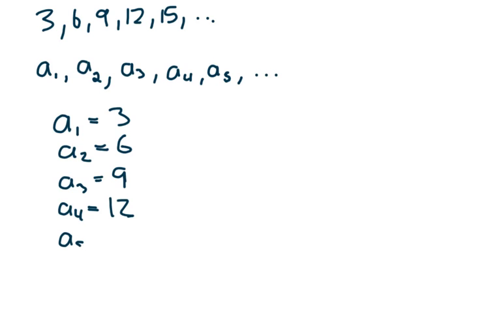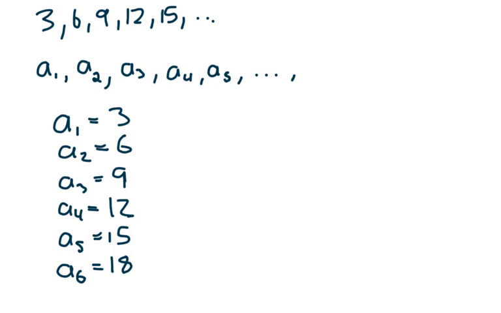The fifth term, A sub 5, equals 15, and if you can guess, the sixth term, A sub 6, is equal to, that's right, you guessed it, 18, right? So we've got these notations that describe a term in a sequence.